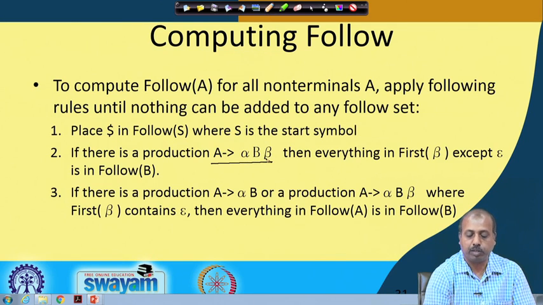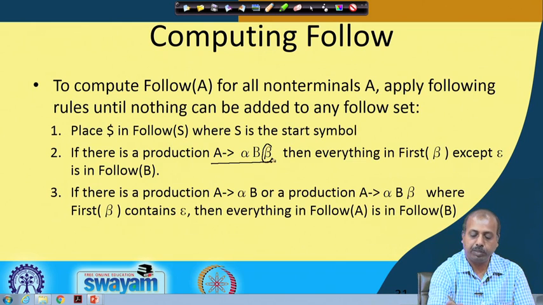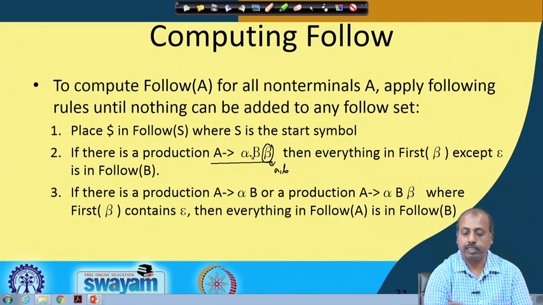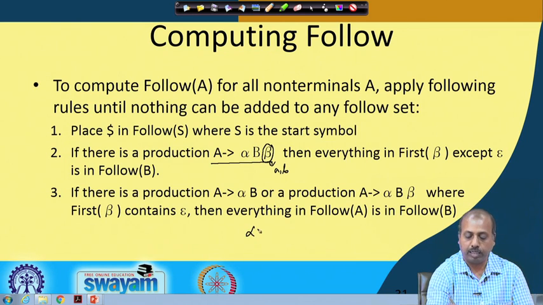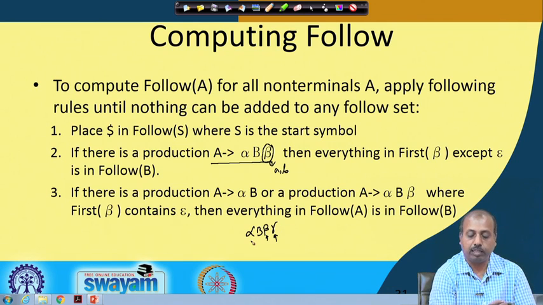If this is a production rule, A producing alpha B beta, then whatever I can derive from beta, that is, whatever is in the first of beta, those symbols will be following B. For example, if first of beta contains the symbols small a and small b, then small a and small b will be in the follow of B. Excluding epsilon, of course, because epsilon we cannot take, since maybe the actual string that we have is alpha B beta, then some gamma, etc. So even if beta gives me epsilon, the first of gamma, whatever symbols are there, will come to the follow of B. This way we can compute the follow of B.